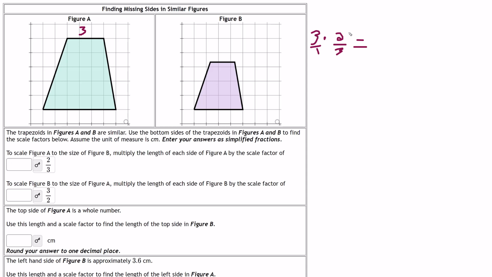So 3 times 2 is 6, 1 times 3 is 3. This is 6 over 3, and 6 divided by 3 is 2. The other thing you could have done here is you've got a 3 in the top and a 3 in the bottom. I could have just canceled those, and then you can see that it was just 2. So either way, in the end, this is a length of 2.